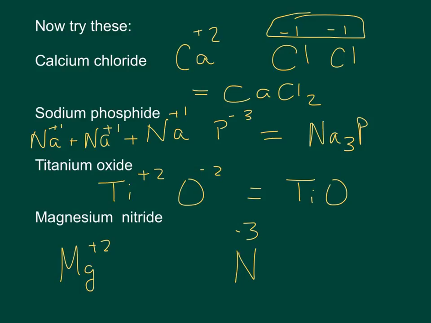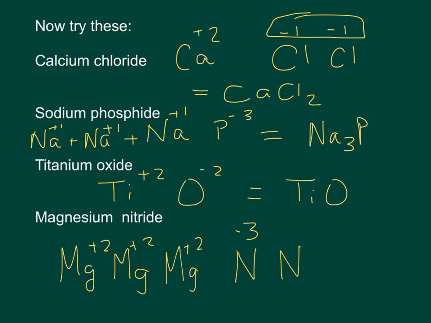Now I want you to take a look at magnesium nitride. Magnesium is a +2 charge, and nitride is a -3. So here's the problem. If I just add another magnesium, I'm going to have a 4. If I just add another nitrogen, I'm going to have a 6. So I need to find a common denominator. The lowest common denominator that both 2 and 3 go into is 6. So if I add another magnesium and another magnesium, that gives me 2, 4, 6.